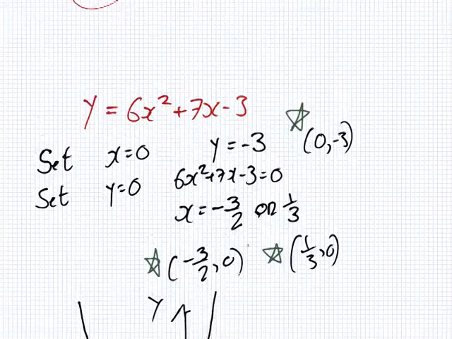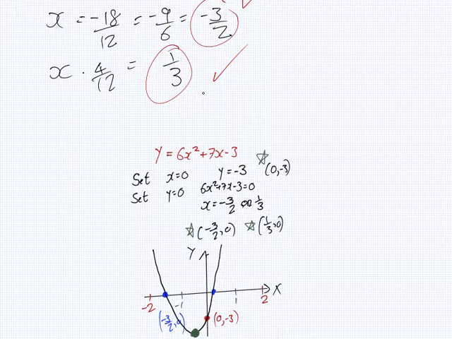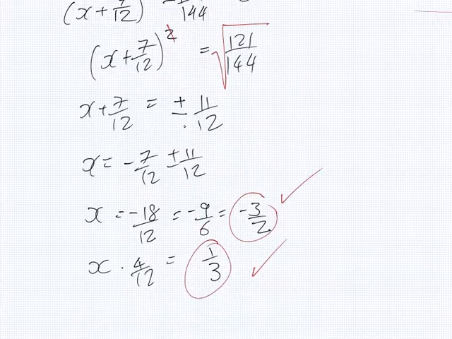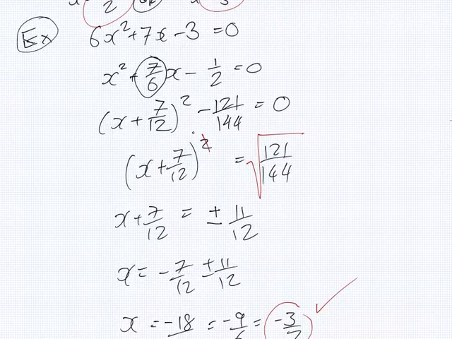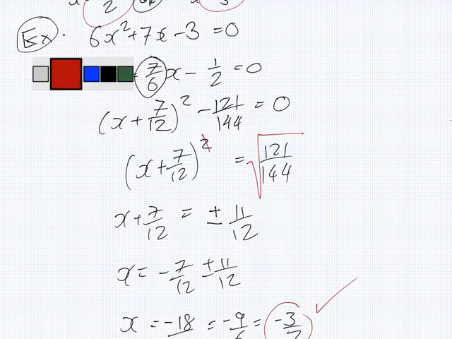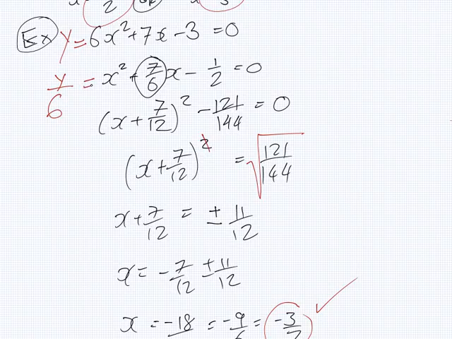So if we go back to what we did earlier, where was my completing the square? Here it is. Although it's not quite right, because what did I do at the beginning? I divided by 6. So if I make this y equal to that, I should have y over 6 equals this.